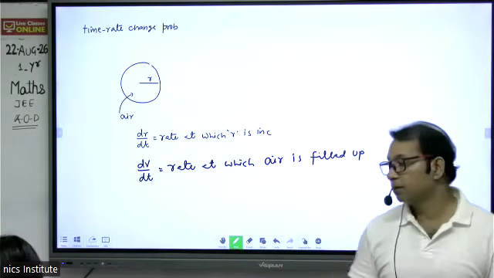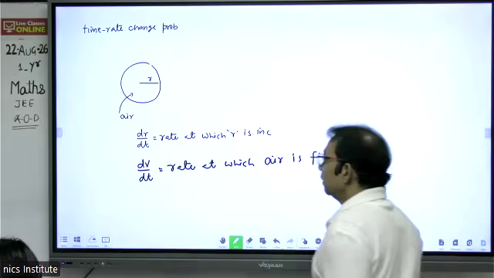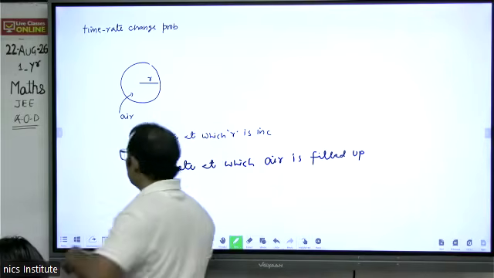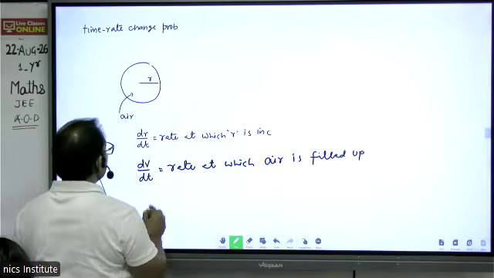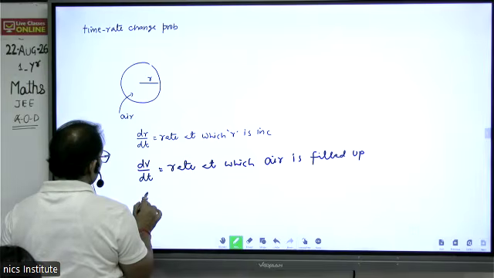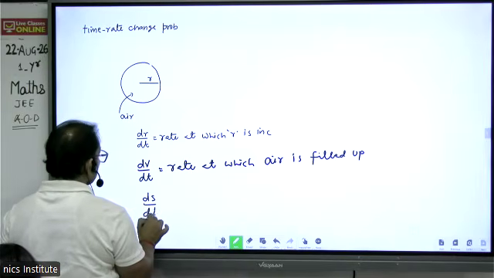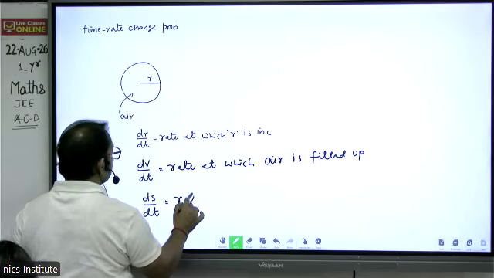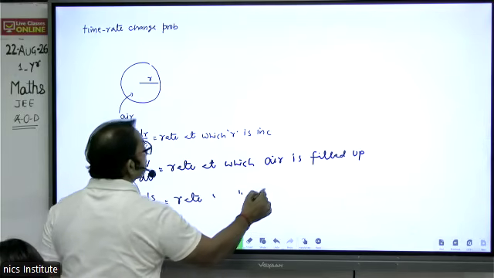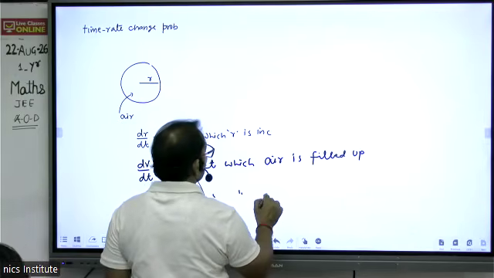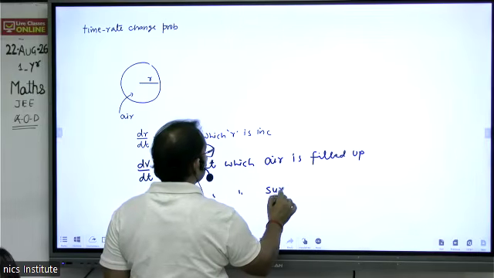When the air is filled, obviously the radius increases, and at the same time the surface area will also increase. So ds by dt is the rate at which the surface area is increasing.